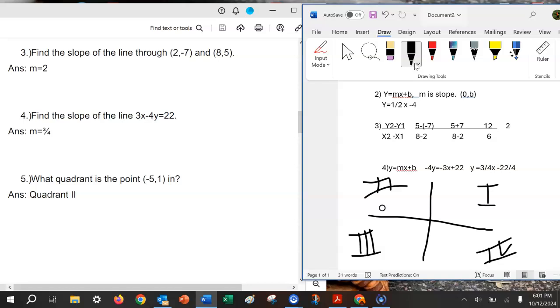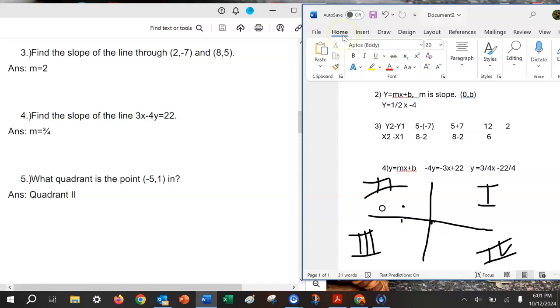If you just draw this out real quick and then plot it, I start in the middle. I'll go negative 5 to the left, about right there. I'll go up 1, about right there. Voila, I'm in quadrant 2. So let's hope you get a couple of those questions because they're real good ones.